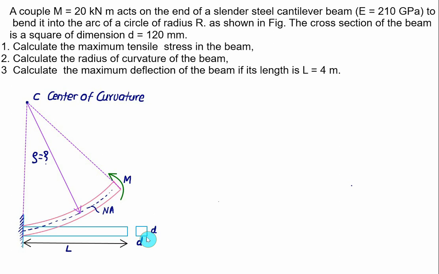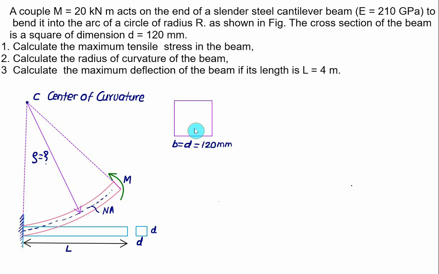Secondly, it's a square section whose dimension is 120 by 120. So we have a section here with width the same as depth, equal to 120 mm.